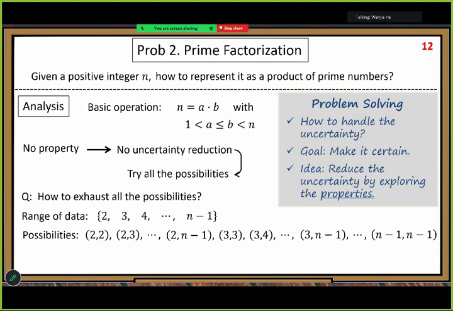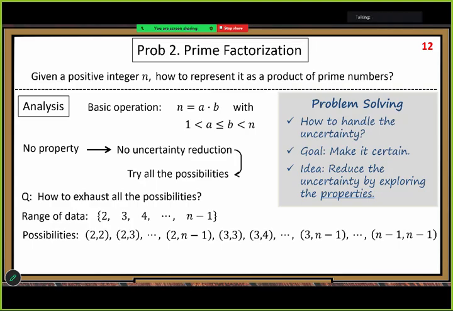That's the algorithm, but this algorithm is not very good, right? Because you work on all those possibilities, you cannot do uncertainty reduction.